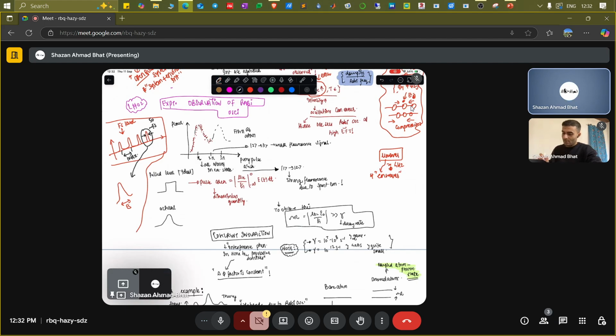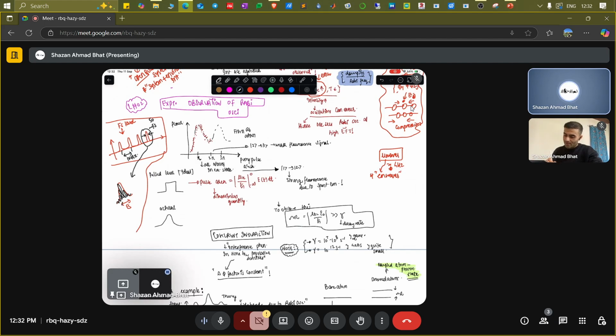And this is basically the envelope of the pulse. Whatever the red is showing you, that is basically the envelope of the pulse. The actual electric field is oscillating at a much more rapid rate compared to what the envelope is showing. So the actual electric field looks something like this.